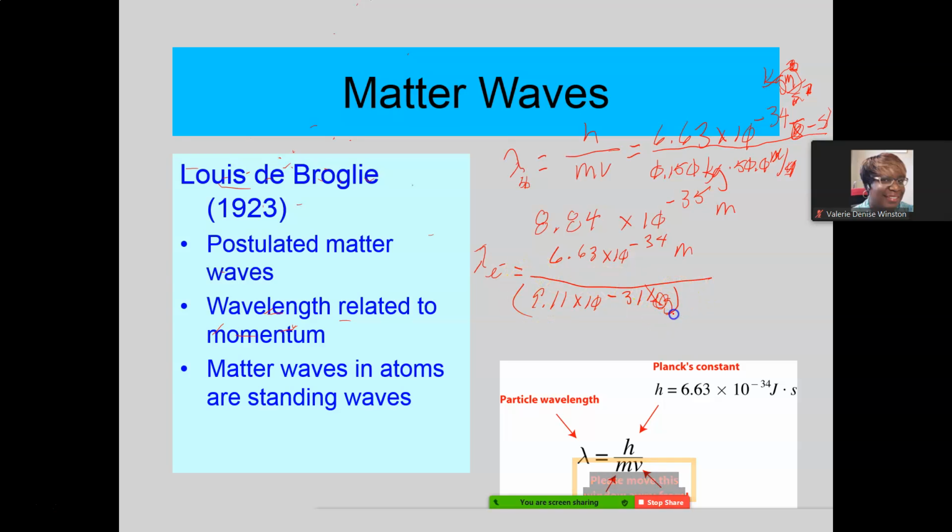Times the velocity of this, which was 6 times 10 to the 6 meters per second. And they will cancel out the things just like they did up here too, leaving you 1 meter. Okay, so that's why you wind up with a meter up here.